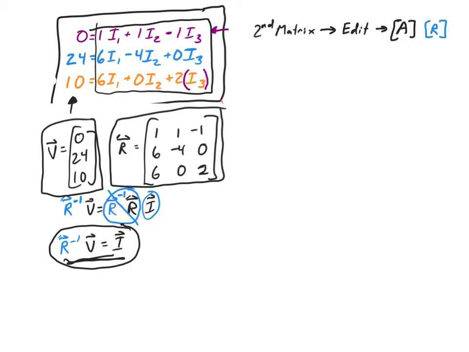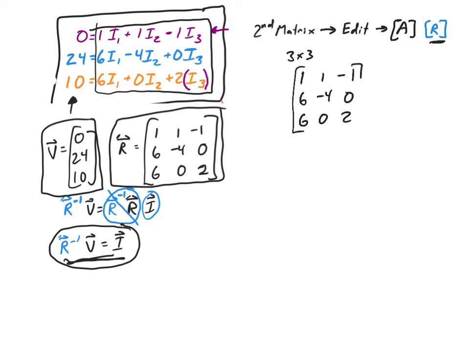Matrix A, also known as our resistor matrix, is a 3 by 3 matrix, and it has values of 1, 1, negative 1 in the first row, 6, negative 4, 0 in the second row, and 6, 0, 2 in the third row.